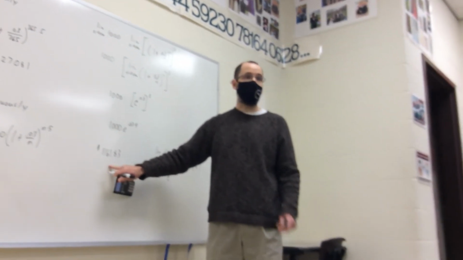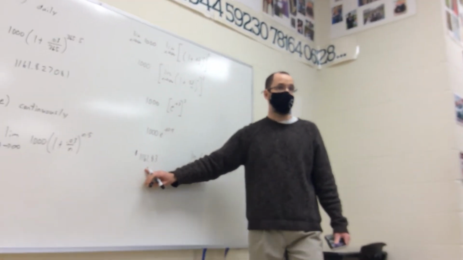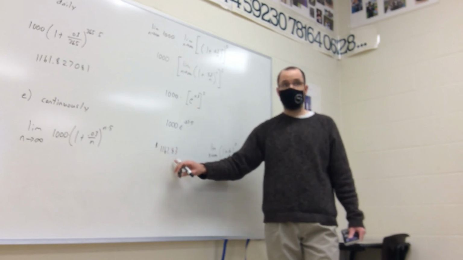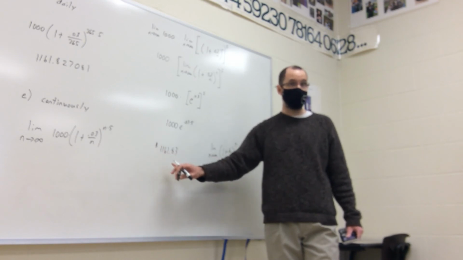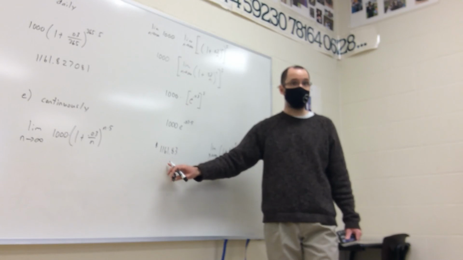So this is what would happen if you compounded interest every second, and then somebody else said, okay, I'll give it to you every half second, and someone else said, I'll give it to you every quarter of a second. This is what those are getting closer and closer to. So that's called compounded continuously.